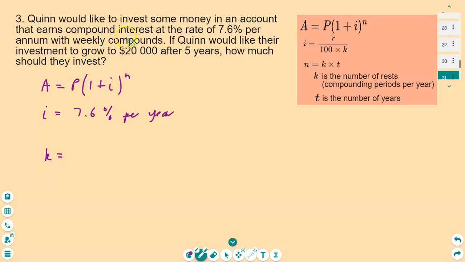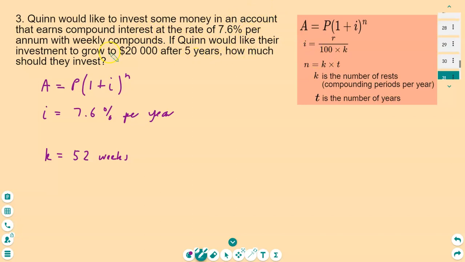With weekly compounds. So I asked myself, how many weeks are there in a year? There's 52 weeks in a year. This can be handy. If we're finding interest rate, we divide by that 52. And our n also has to be in weeks, so we'll times the number of years by that. But let's actually see what the question's asking.